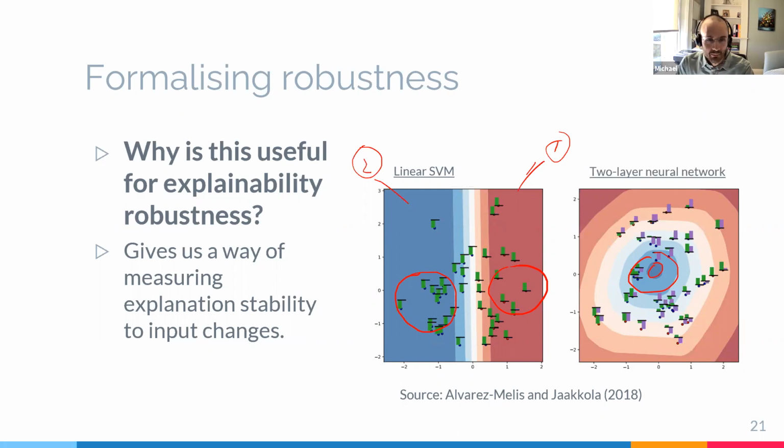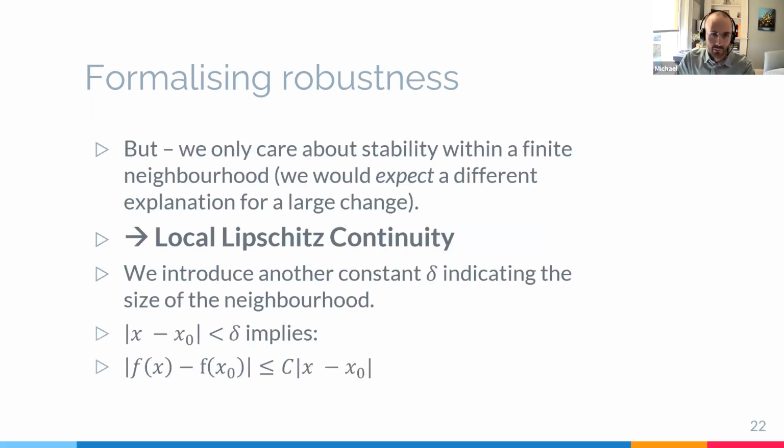For example, these 2 points are very close in the input space, but the explanation actually looks quite different. Here, the green bars are the contribution of the x-axis feature, and the purple bars are the contribution of the y-axis feature. So don't read too much into the specific data, but that's what we're talking about when we say explanation robustness.